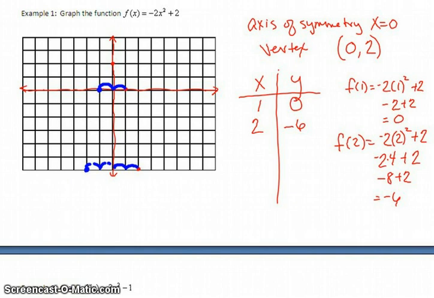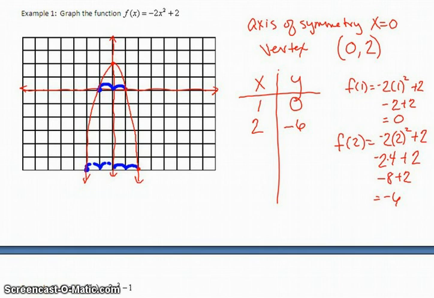Now I simply connect the dots, and that sketches my graph. So my curve, my parabola, I'm just going to connect my dots and determine that there I have my parabola.